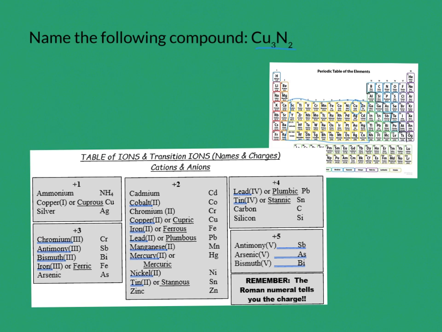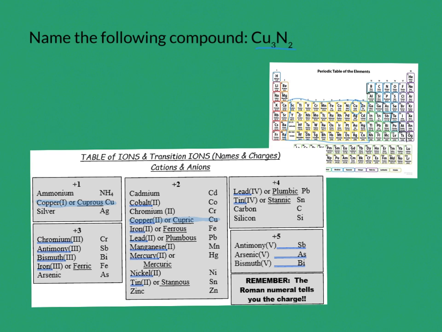Here's what I want you to take a look at. Copper can be right here, which is copper 1 or cuprous, or copper can also be copper 2 or cupric. So those are two different names. We need to figure out which copper this is.